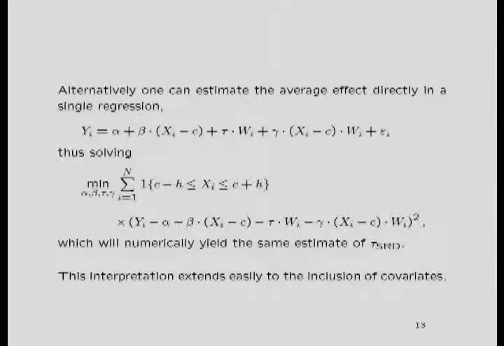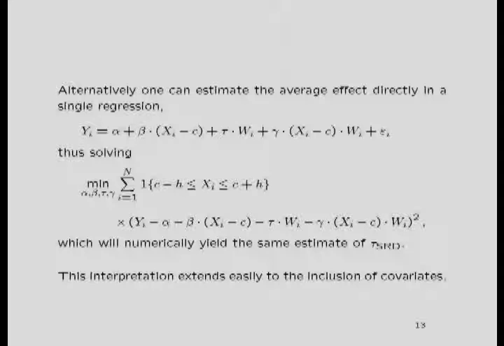Now you can simplify that further and just put it all in a single regression function where you put in a dummy for the treatment, as well as an interaction between xi minus c, the covariate centered at the cutoff point, and the treatment indicator.